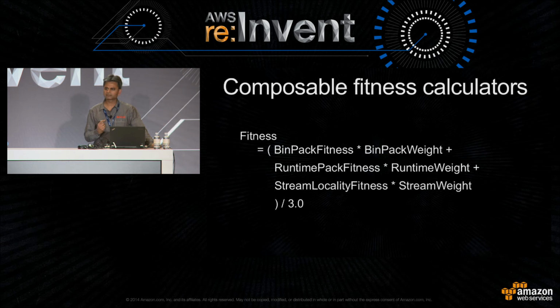Fitness calculators can be composed together. Stream locality is important to me, bin packing is important to me, so I can just combine them together and say one is more important than the other, and maybe give more weight to stream locality and less weight to CPU bin packing. So you can achieve different SLAs using a composition of fitness calculators.